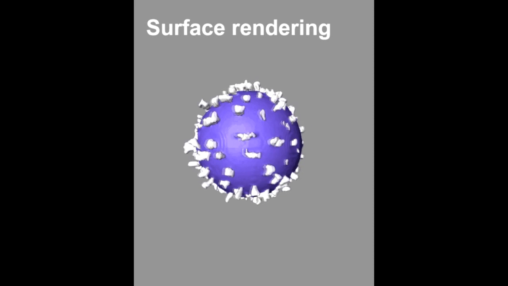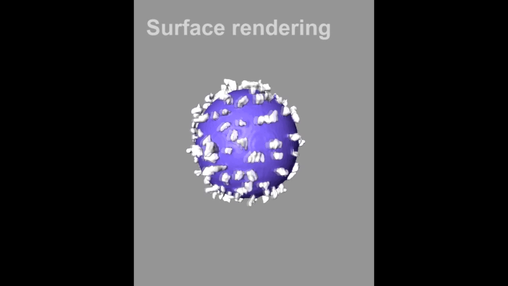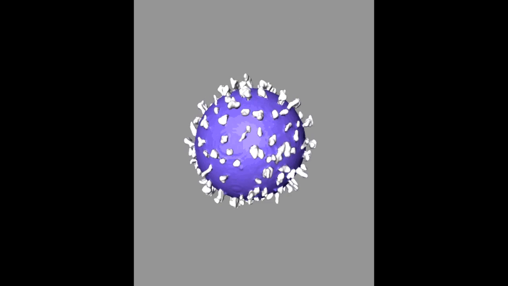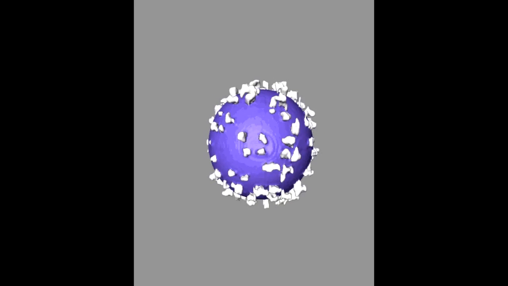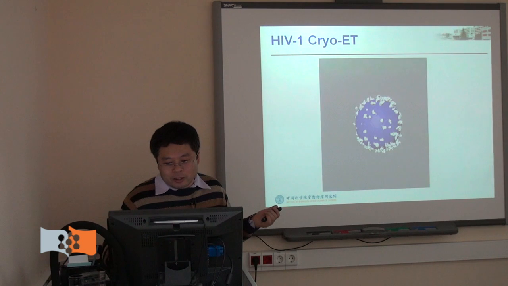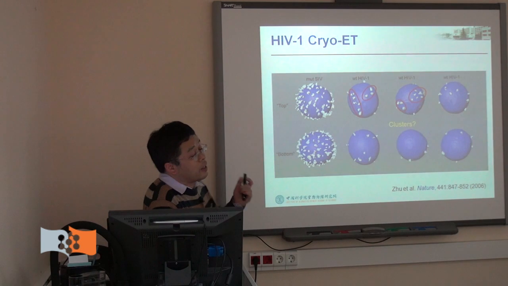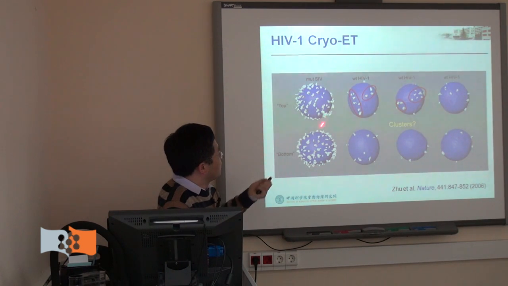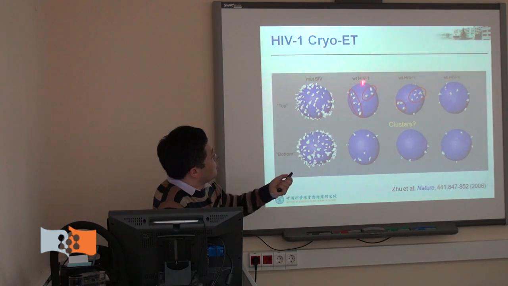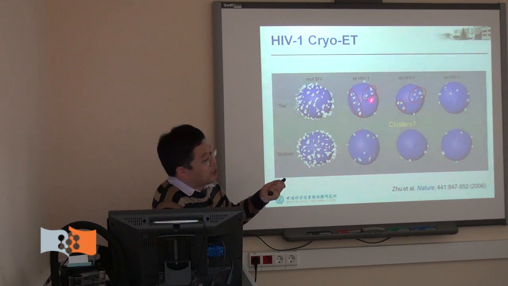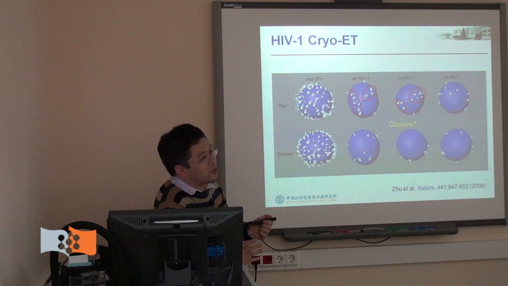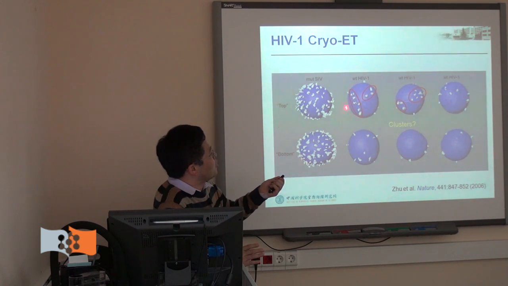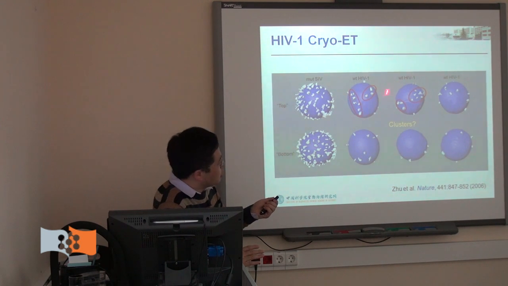I didn't spend a lot of time on the modeling, but this is the idea: a reconstruction of the whole virus. After you get this, you can answer several questions, such as how many spikes there are. This one is HIV. It is different from the previous model, in which the envelope spikes were very regularly distributed.